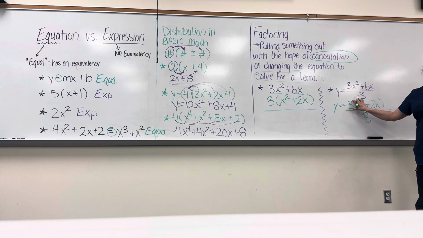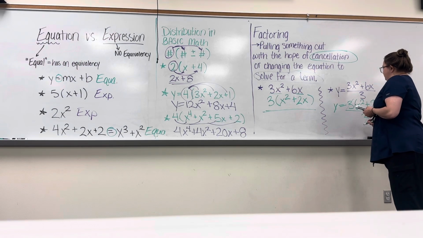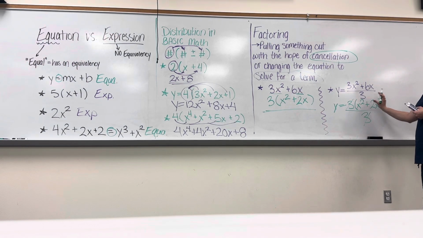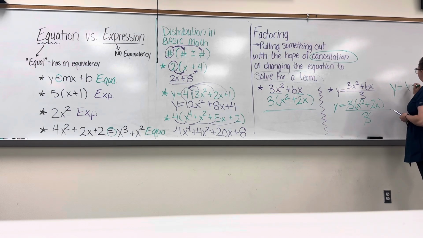You have 3 in the numerator, 3 in the denominator. 3 divided by 3 is 1. You can cancel them out. 1 times the quantity is just the quantity. So you're left with y equals the quantity, x squared plus 2x.